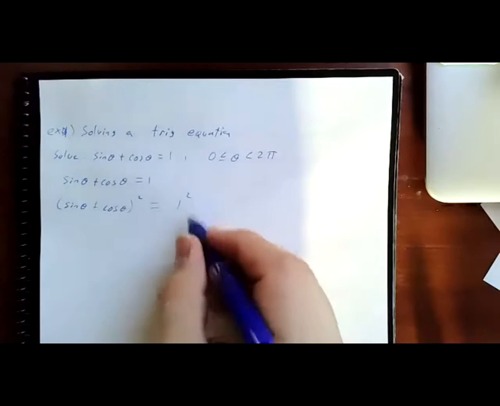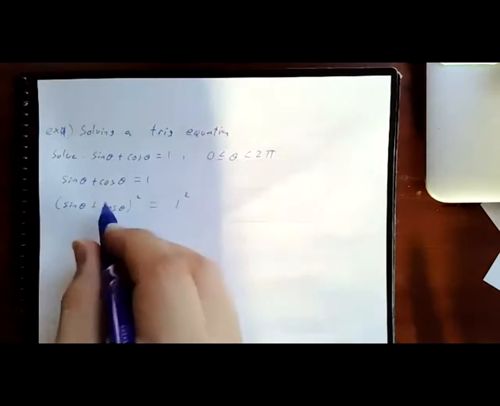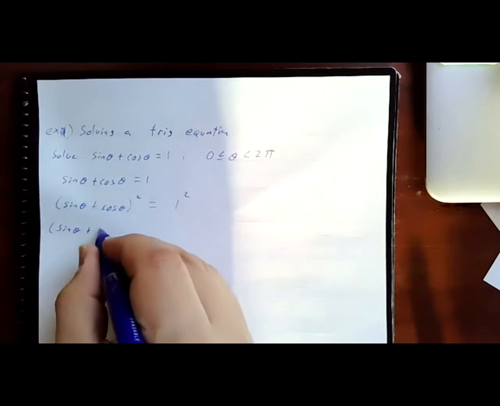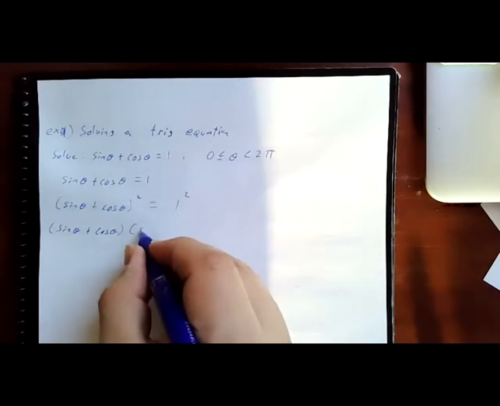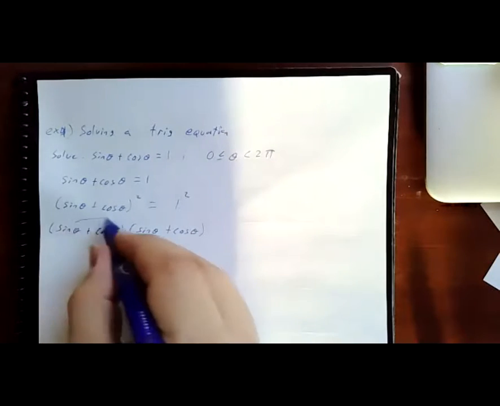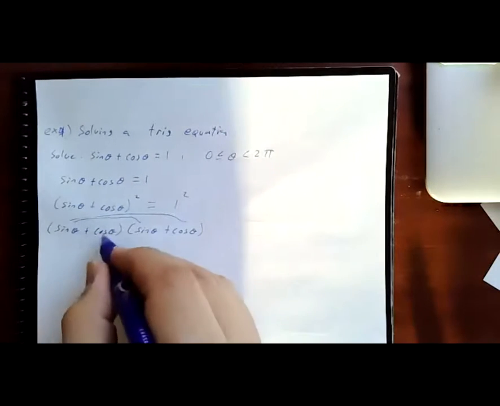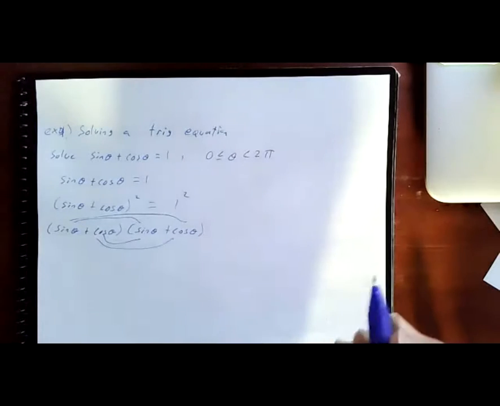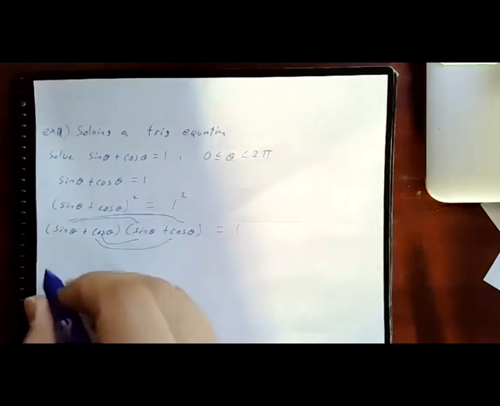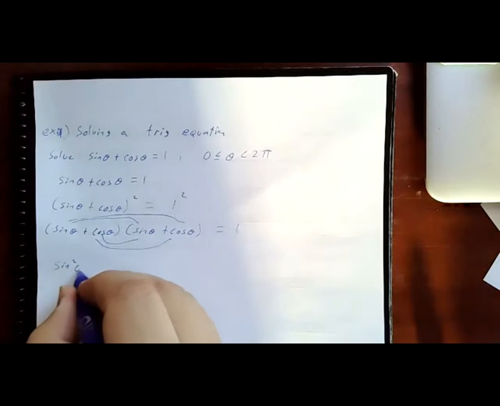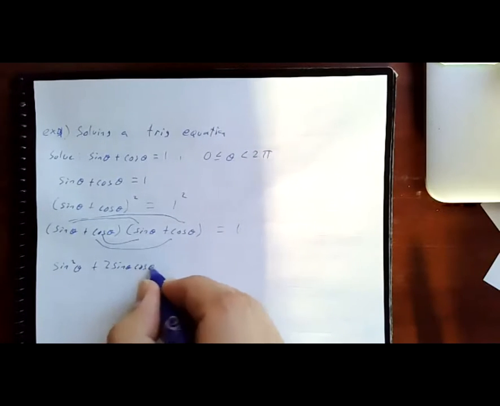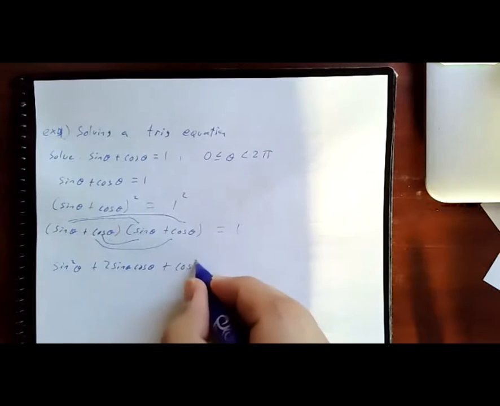This one's easy, right? It's going to be a 1 on the right hand side. This guy here would be this, right? Remember how we said we got to distribute? So sine times this, sine times that, cosine times this, cosine times this. Or you can use a formula, which will give you sine squared theta plus 2 sine cosine plus cosine squared theta.